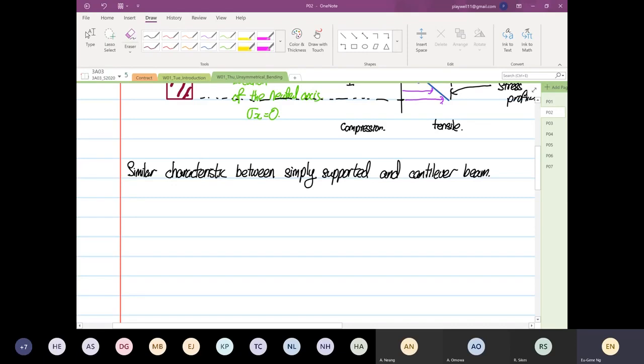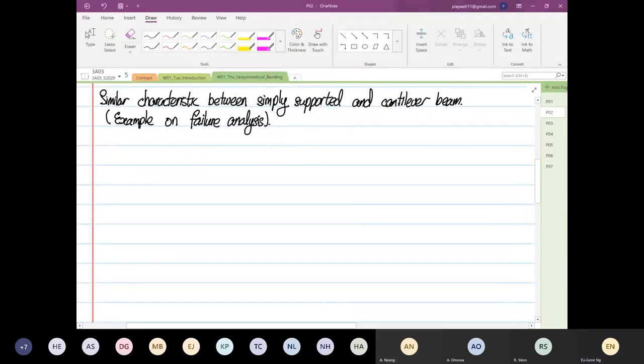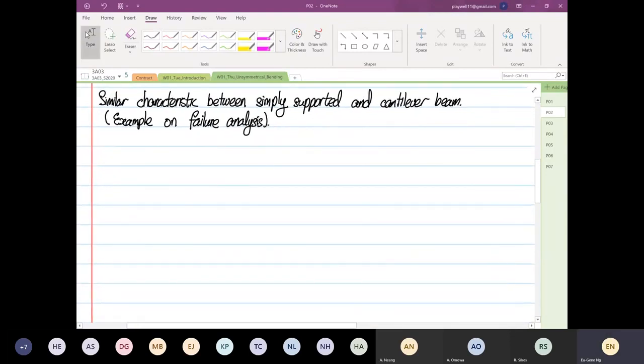And I want to highlight for you down here, this is a typical example on failure analysis. Okay, this is a typical example on failure analysis. So I'm going to draw a simply supported beam. We are going to deal with a point load first.